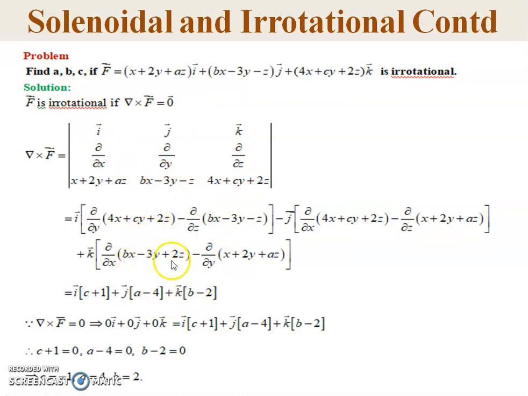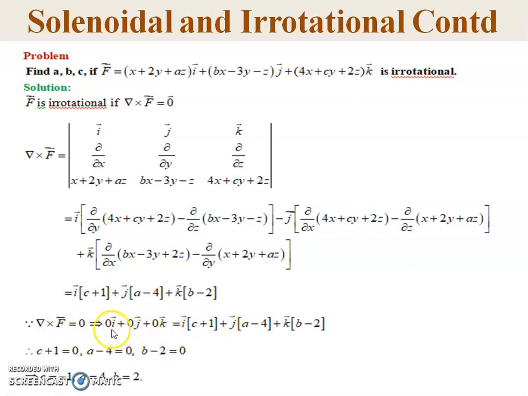Differentiating with respect to x, only 4 is there, minus differentiating this with respect to z, only a remains, so a minus 4. Plus k vector into dou by dou x of bx - 3y, which becomes b, minus differentiating the other with respect to y, which gives 2, so b minus 2. This vector is equal to the 0 vector, that is 0 i, 0 j, 0 k.